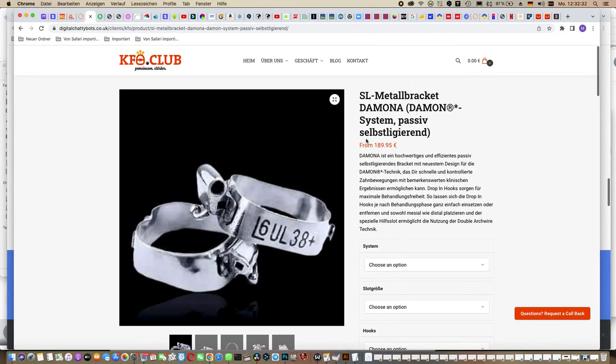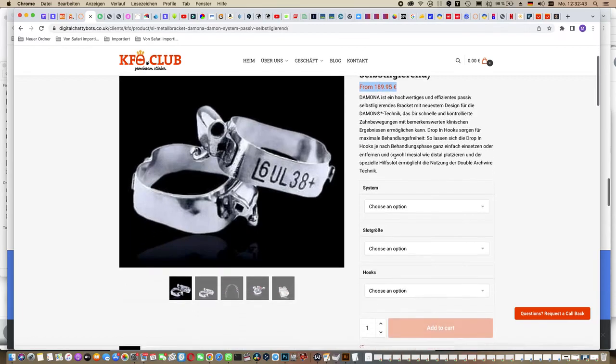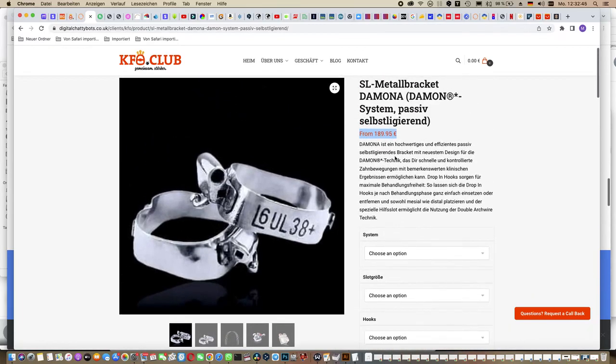I think it's important to show that here it says from 189.95. I think this is actually the standard price I set for this one. We have to go through the prices anyway, but the cheapest probably is 129 or something like that. So it should read here not the normal selling price, but the lowest price possible if you order in bulk.